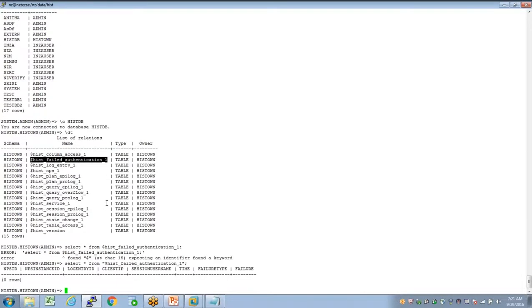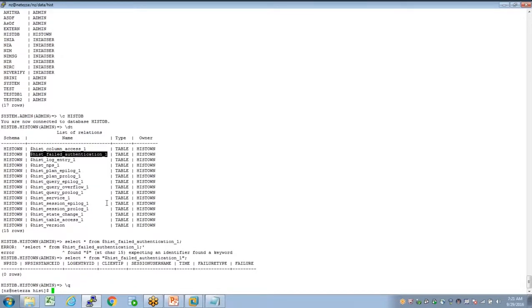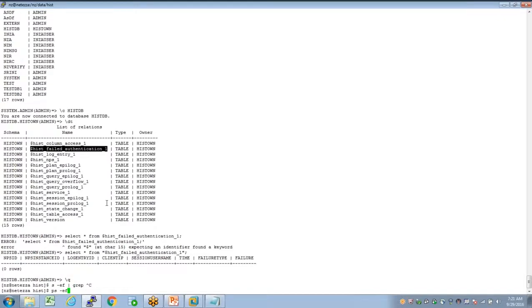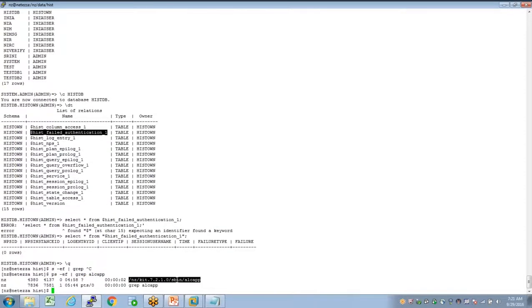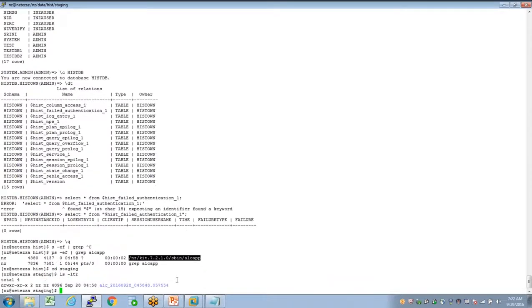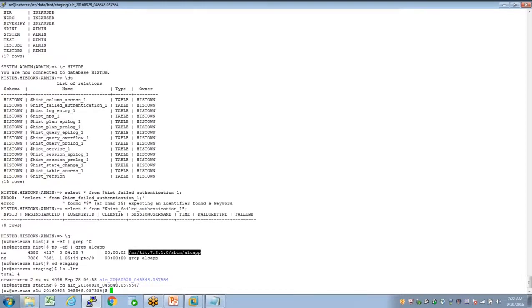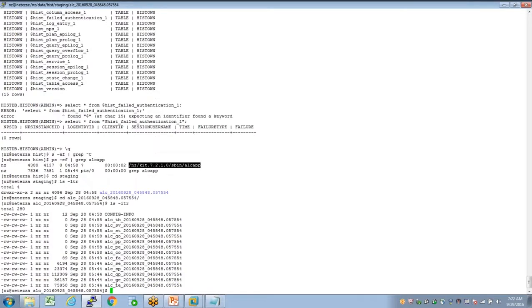It will load. So the moment that happens, there is a backend process called ALC. It will load it into the staging area. The staging area loads the data into various tables. You look here, ALC underscore FA.